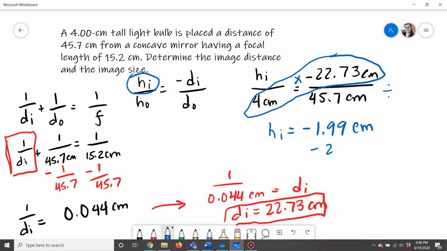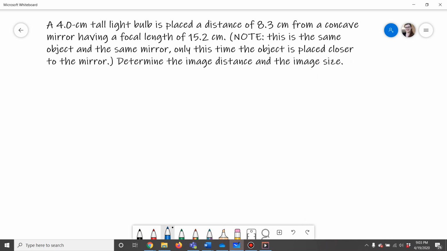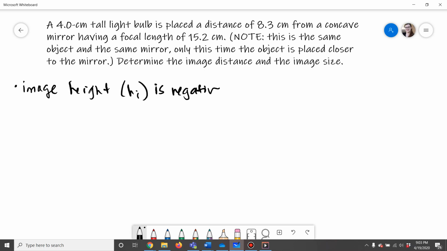Cool stuff here. All right, second problem here, and let me go ahead and make a note on what I said earlier about the image height. So if our image height, or h sub i, is negative, that means we have an inverted or upside down image.